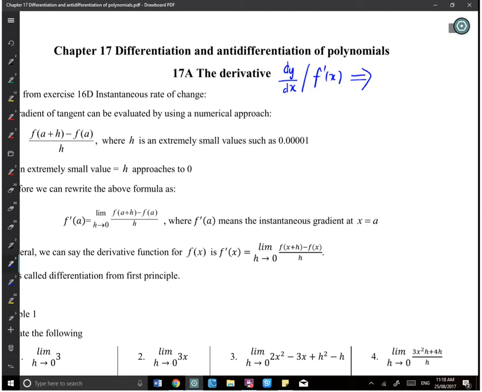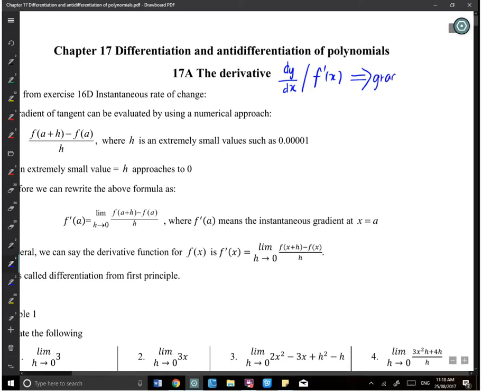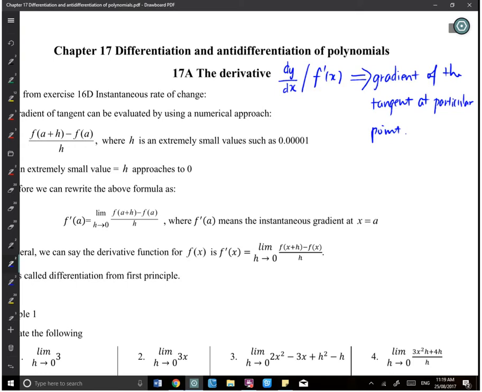That's the gradient of the tangent at a particular point. Make sure you understand why we want to know the derivative: the derivative is the gradient of the tangent line at a particular point.